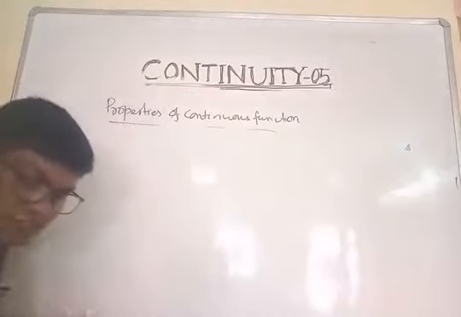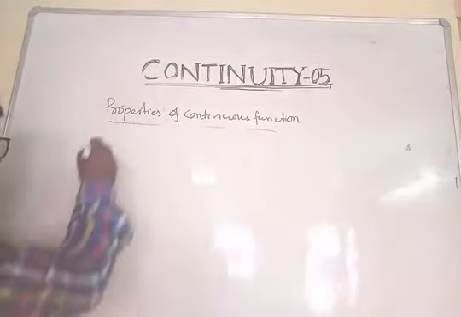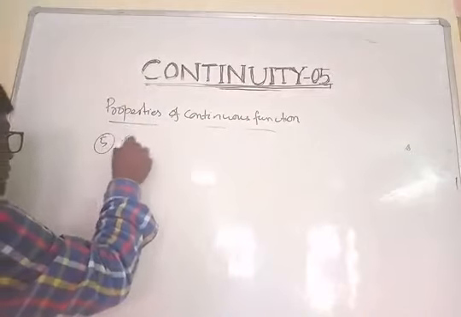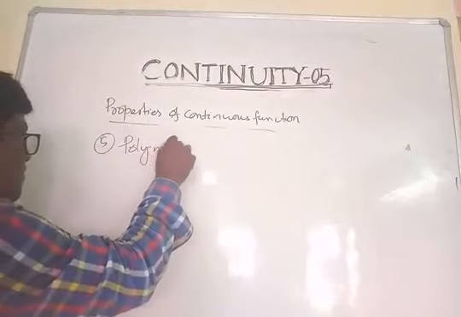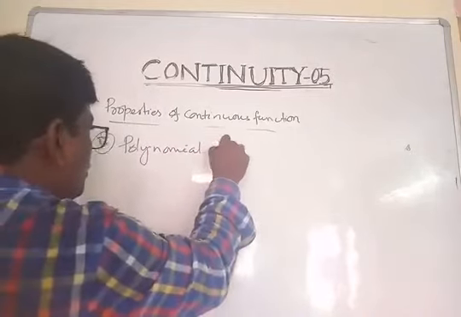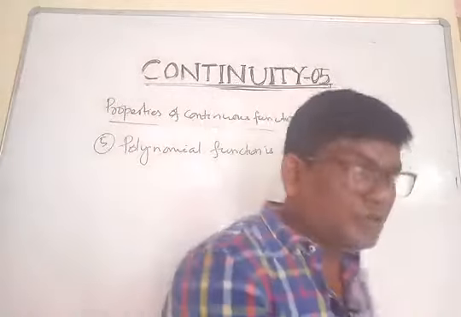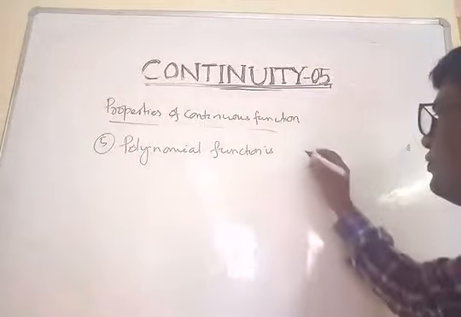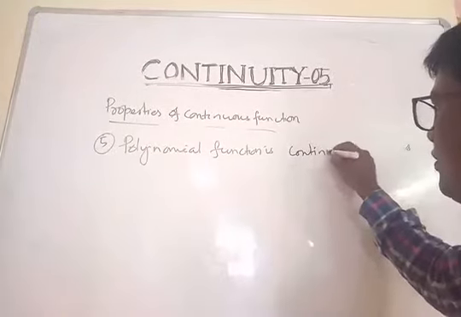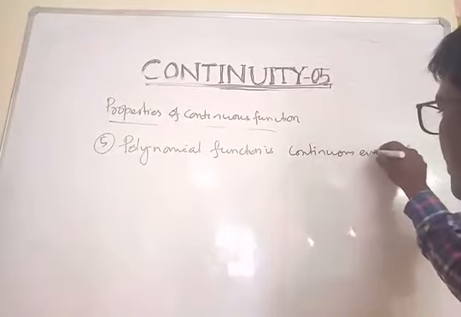Number 5, a polynomial function is continuous everywhere.